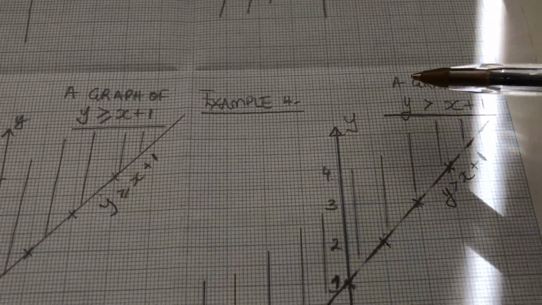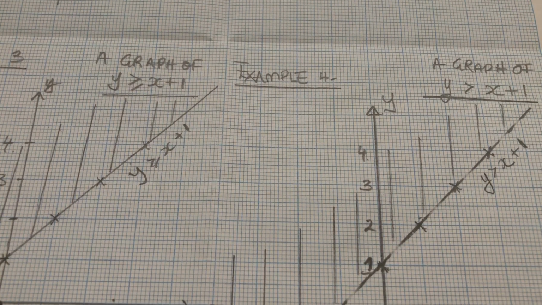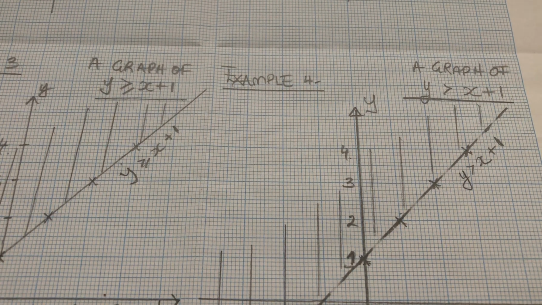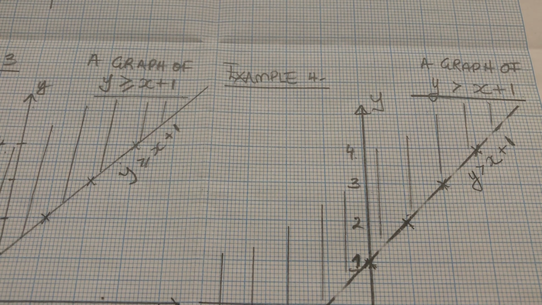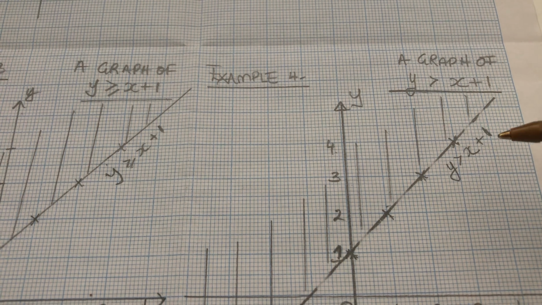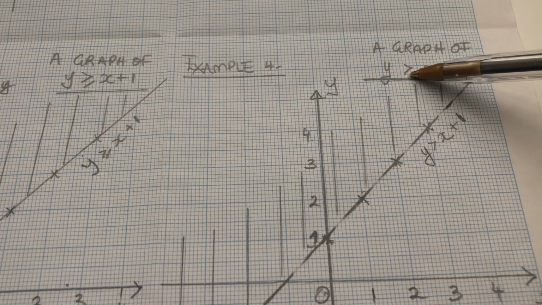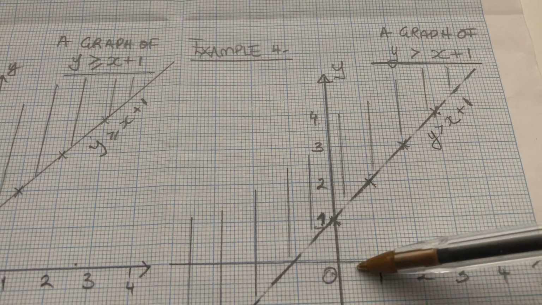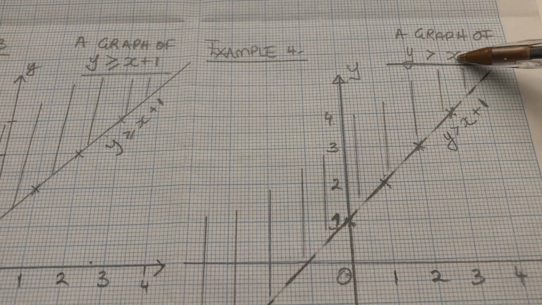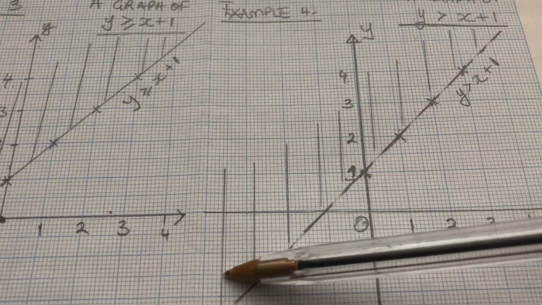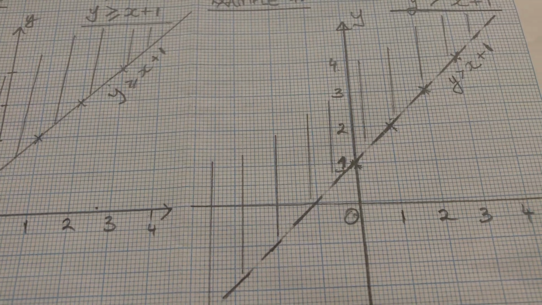And then we went on to the fourth one and we said, what if there is no equal to sign? I referred you back to yesterday's video. It can also mean that you draw the straight line, because this is a line on its own, but you draw the region such that it doesn't touch the line.